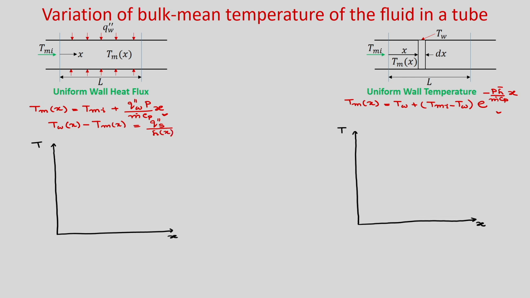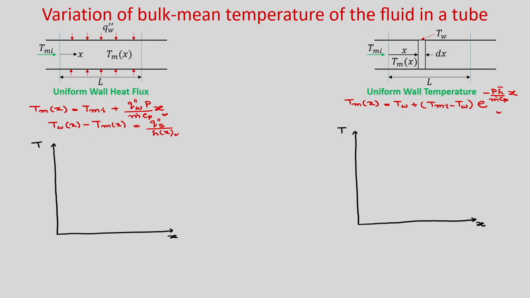In this particular case h(x) is unknown. Obviously, your heat transfer coefficient will vary in the axial direction, but we will show later that in the fully developed region, fully developed meaning both hydrodynamically and thermally, h is not a function of x, h is constant.